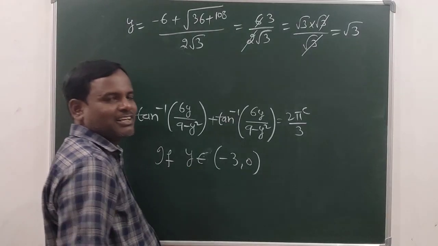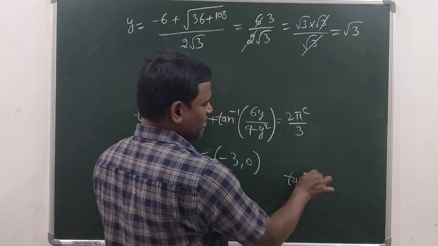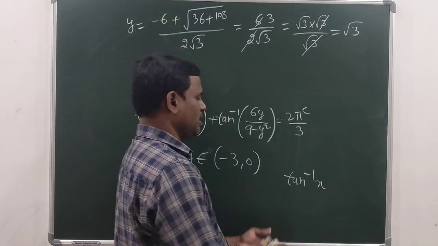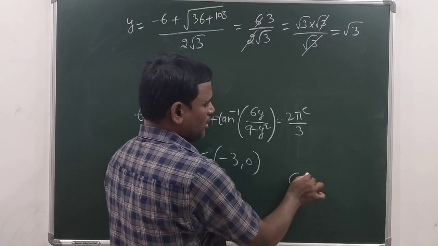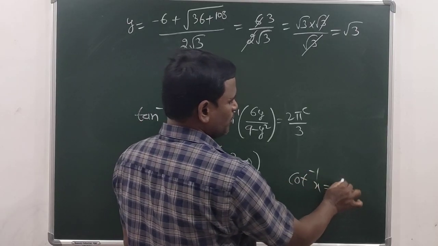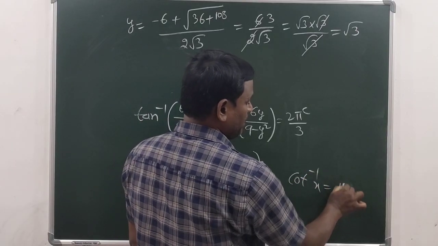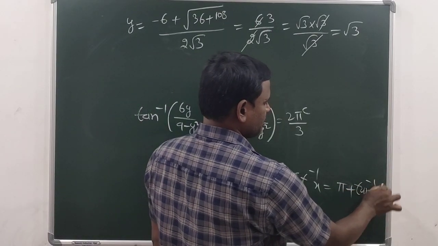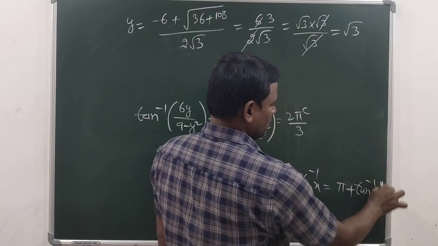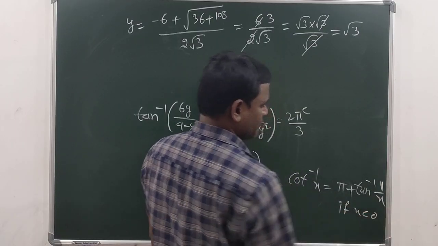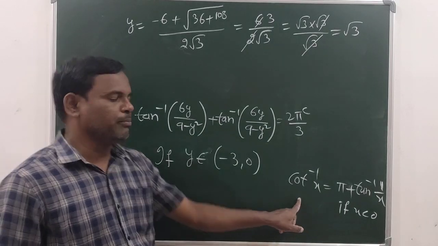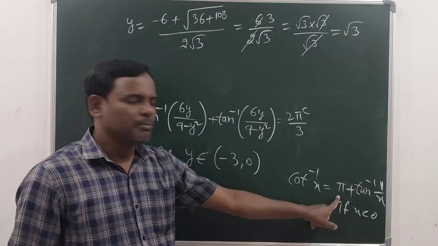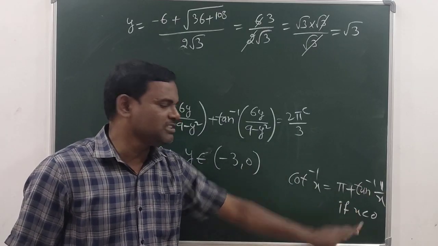So you know, students, I think you read this formula: cot inverse of x is equal to pi plus tan inverse of 1 by x if x is negative. So this relation is very important. Cot inverse of x must be written as pi plus tan inverse of 1 by x when x is negative.